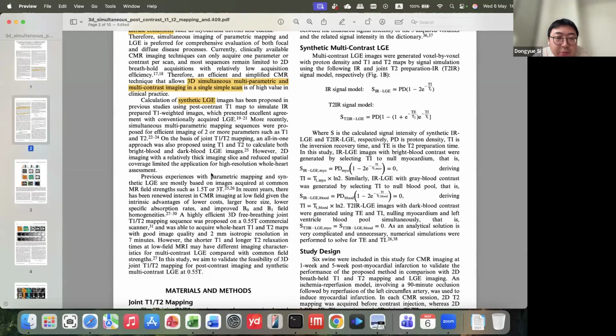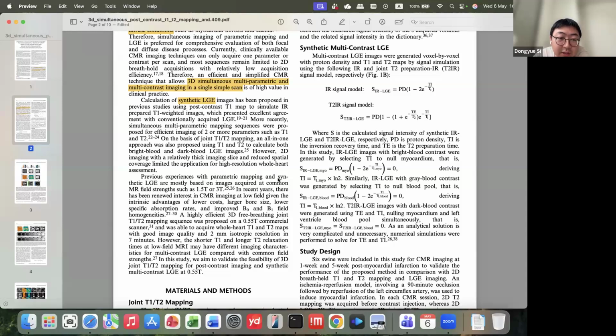But previous methods use 2D sequences, 2D acquisitions, so it is time consuming for whole heart coverage. Also, previous techniques were based on 1.5T and 3T scanners. And more recently, we have the 0.55T low field scanners.